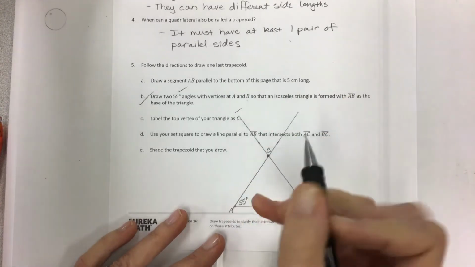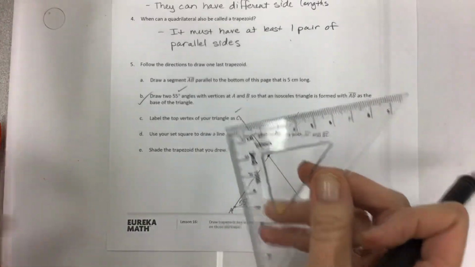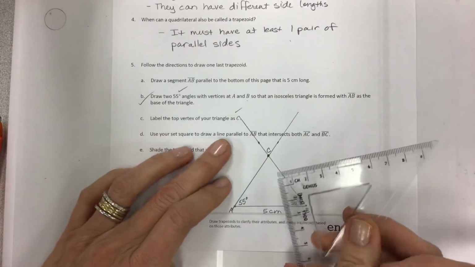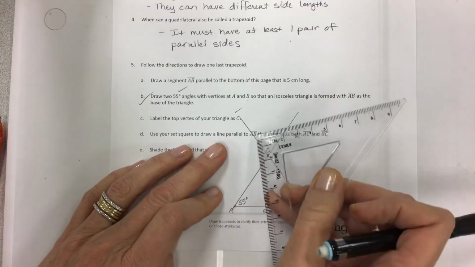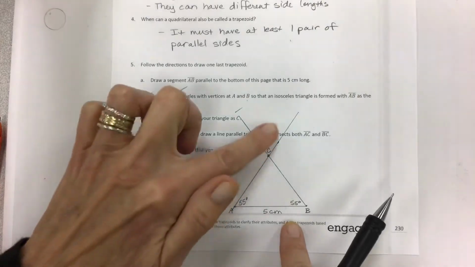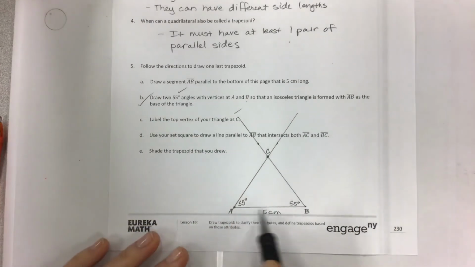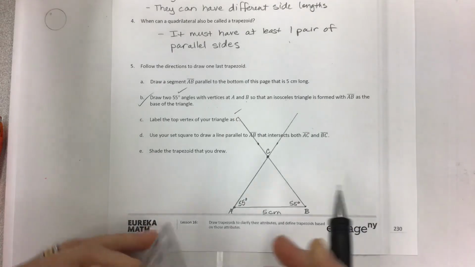So label it. Done. Use your set square, if you have one, to draw a line parallel to AB that intersects both AC and BC. It has to cross over, and it must be parallel to AB.